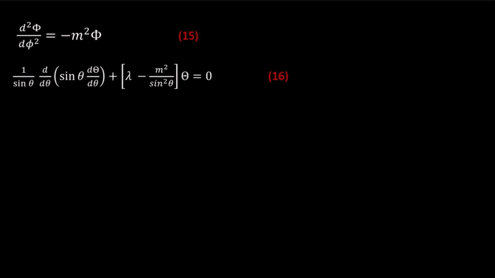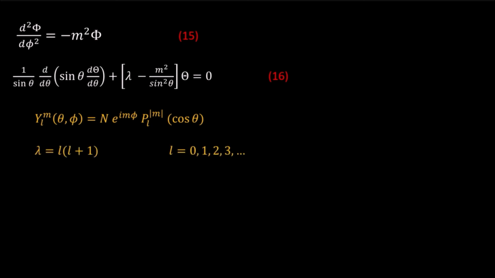Hence, the rigid rotator wave functions are spherical harmonics Y_LM(θ, φ). Also, λ is equal to L(L+1), where L has only integer values like 0, 1, 2, 3, etc. Here we defined λ as 2IE by ħ², which must be equal to L(L+1).